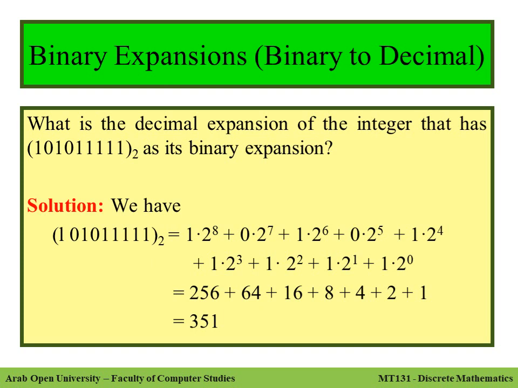Some of these will be 0, but if you evaluate those powers and add all those numbers, the result is 351. The result is now given in decimal notation. The binary number we started with, this number in base 2, converted to decimal notation, is the number 351.